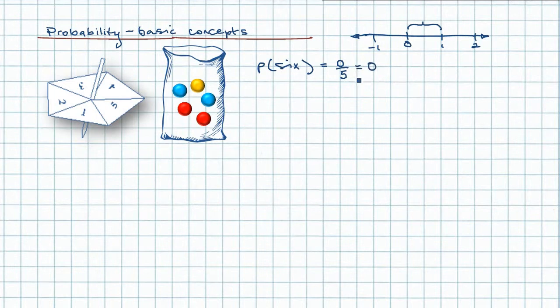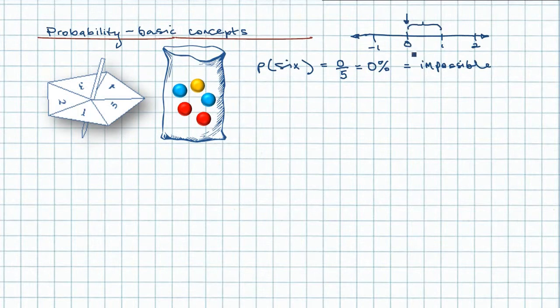And we can express all our probabilities as either a fraction or a decimal or as a percentage. So you should be familiar with converting between them very easily. So this can be expressed as 0%. There's a 0% probability of getting a 6 because, of course, it's impossible. So that's here on our number line, 0.